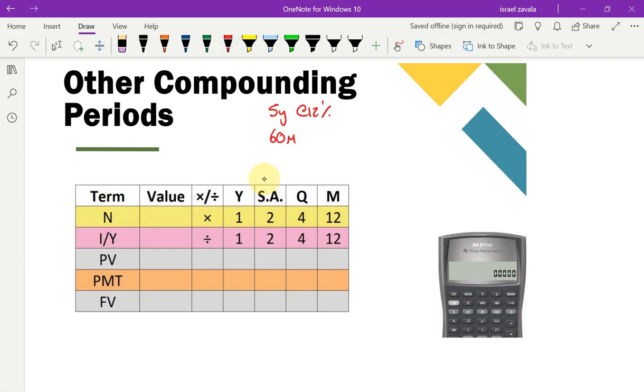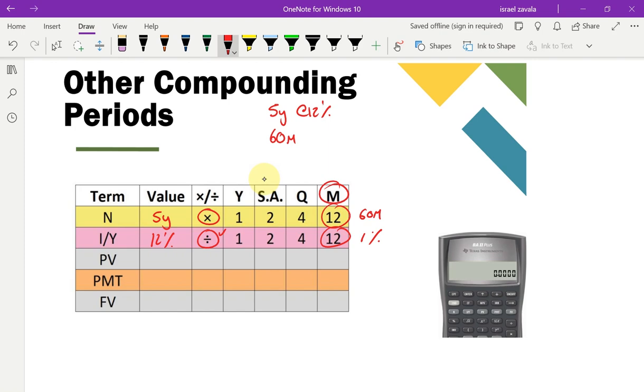So if I tell you we have 5 years compounded monthly, what's going to happen is you have your 5 years here, and we have our interest rate here, which is 12%. So look at what's happening here. We have to take our 5 years times the 12, that gives us 60 months, and then we take the 12% divided by the 12, and that gives us 1% per month.